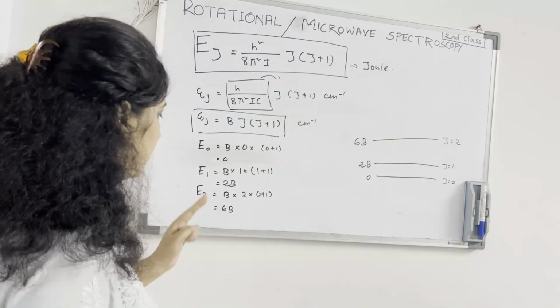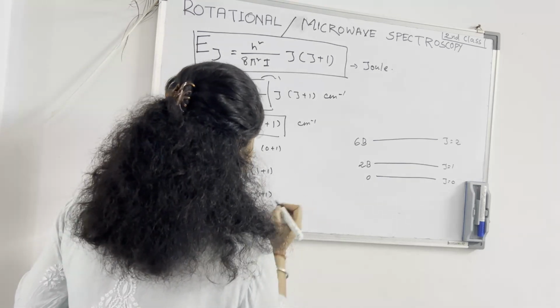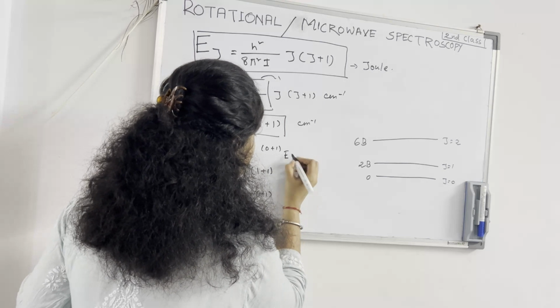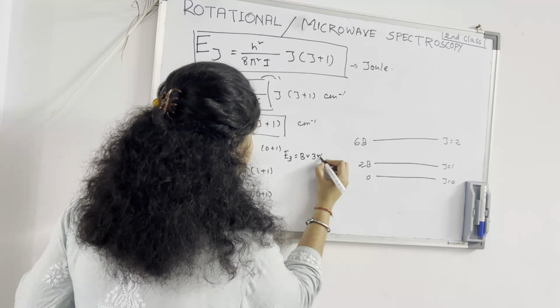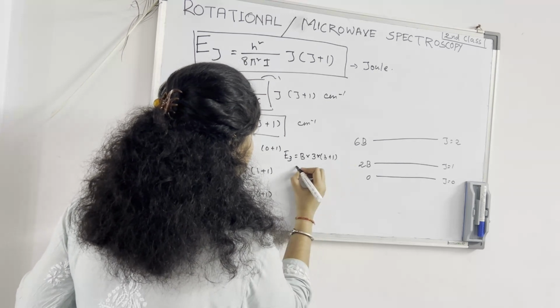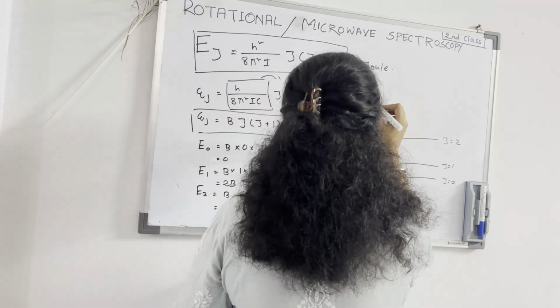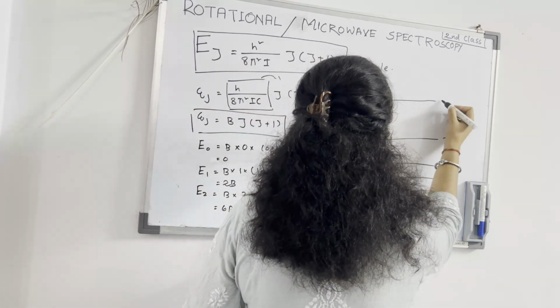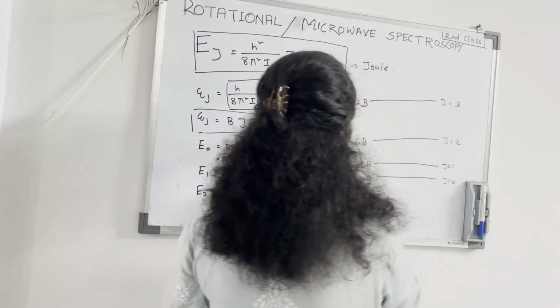Now when J is equal to 3, then E3 is equal to B into 3 into 3 plus 1, that is equal to 12B.